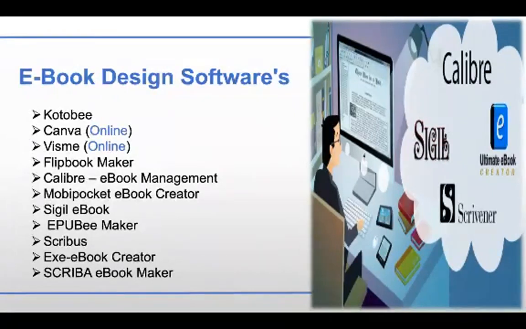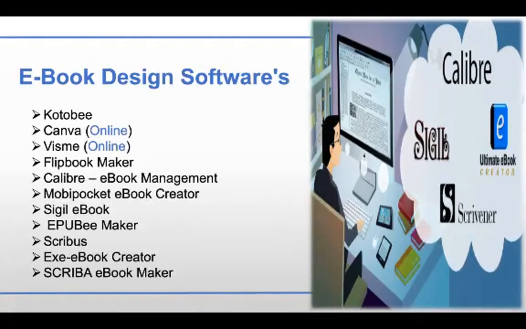There is another interesting one, Flipbook Maker, but we are going to discuss Kotobi, Canva, and Visme. If someone is interested in Flipbook Maker, we already conducted that session last year, and the link is available on YouTube, so you can take advantage of that as well.